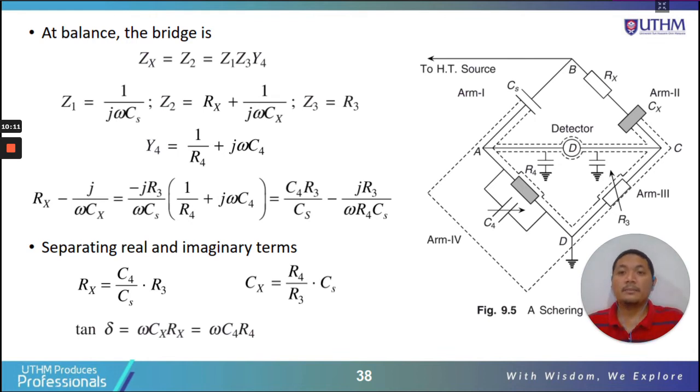Basically Z1 is 1 over j omega Cs. Same thing, Z2 is Rx plus 1 over j omega Cx. For Z3 we have R3. The inverse of Z4 is Y4, which equals 1 over R4 plus j omega C4.